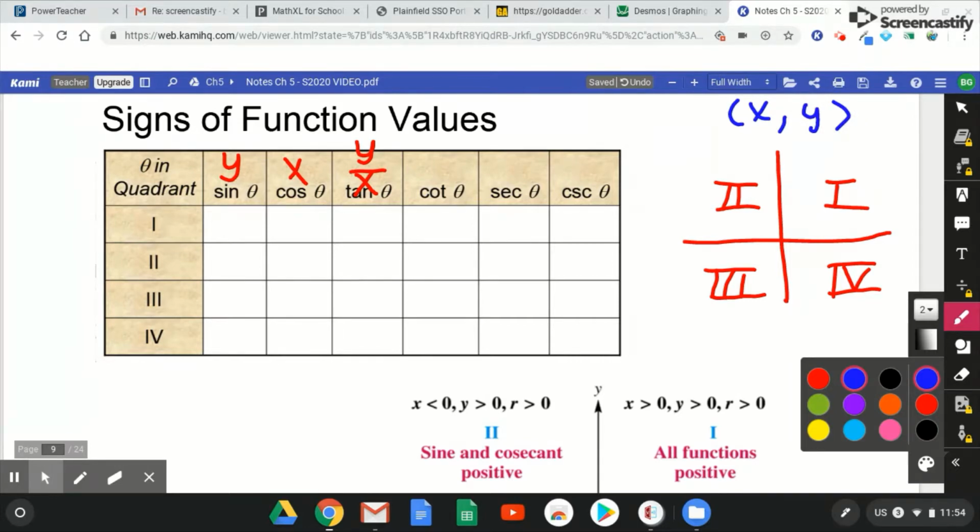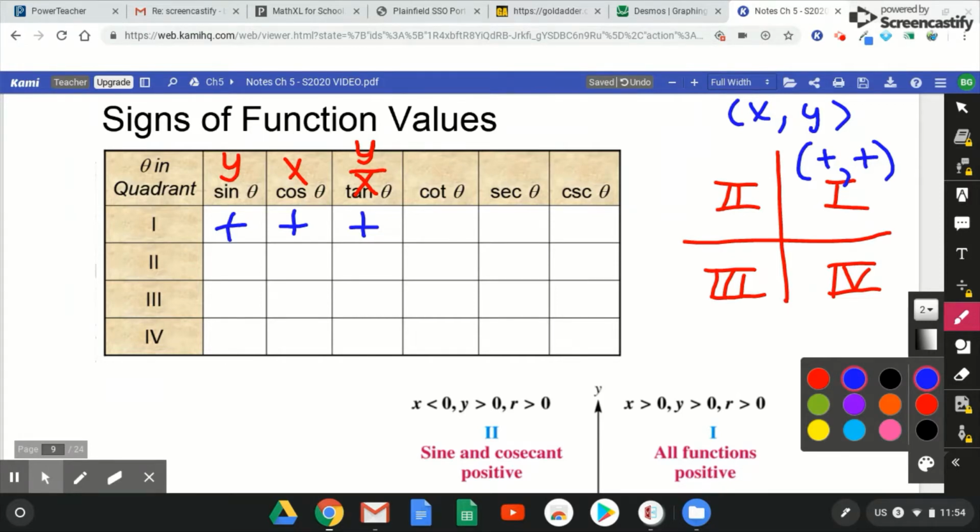If we are in the first quadrant, any x number you pick, any y number you pick, both of those numbers are going to be positive. So the x number is positive, so cosine is going to be positive in the first quadrant. Likewise, the y coordinate is positive, so sine must be positive. If you divide y over x, then tangent is going to be positive.